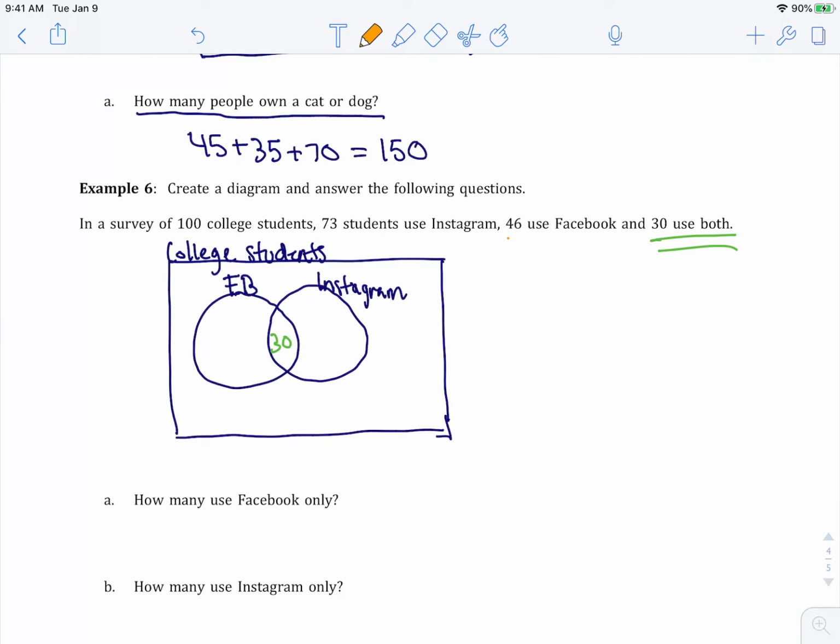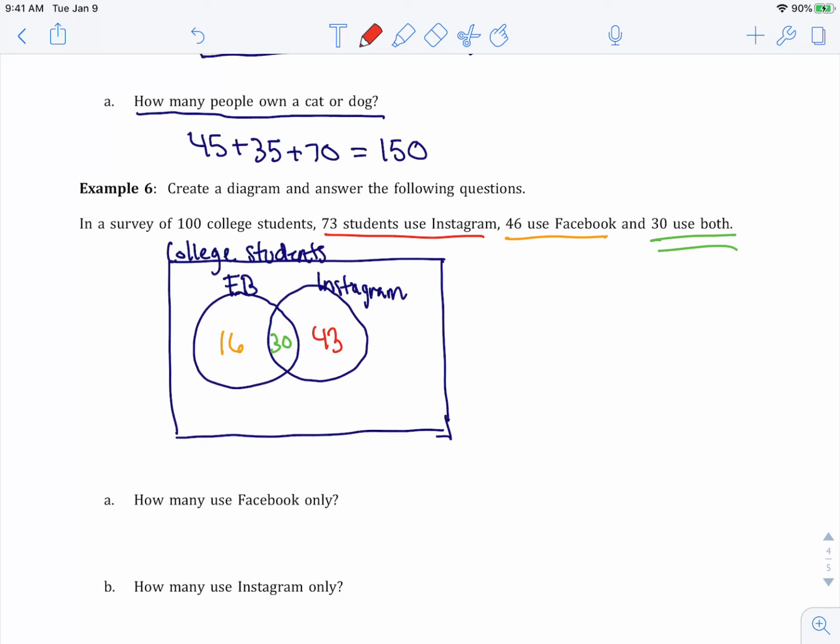From that, 46 use Facebook. So that means 16 solely use Facebook, right? Because the 16 plus 30 gives me that 46. And 73 use Instagram. So 73 take away that 30 gives me the 43.